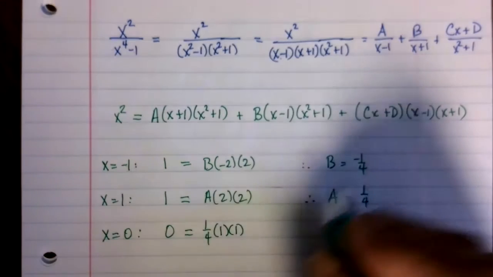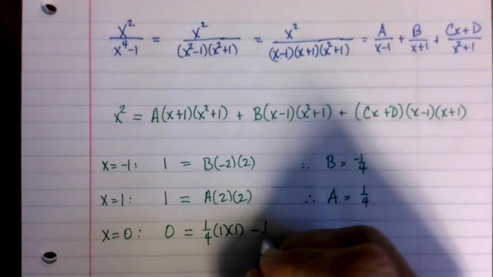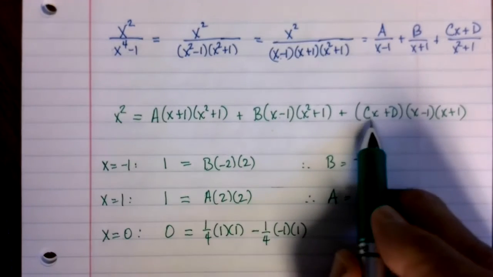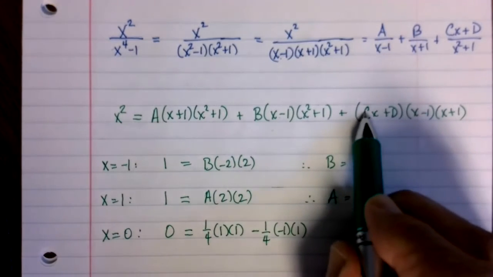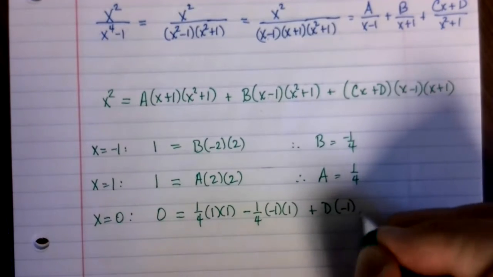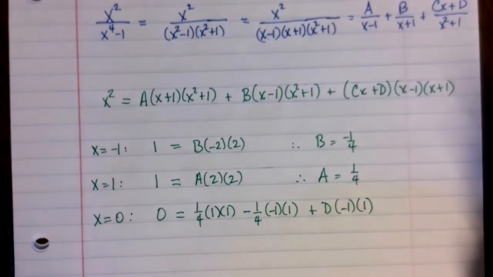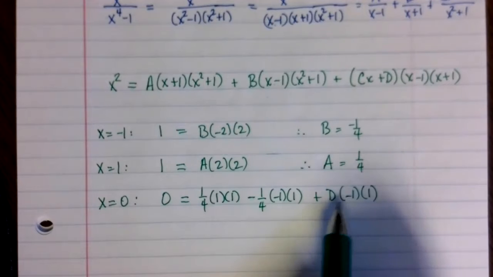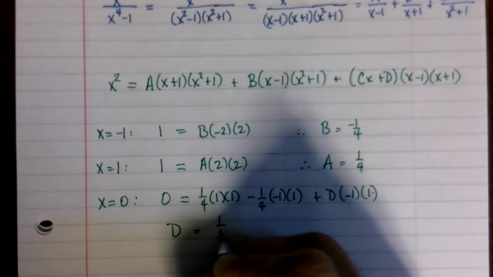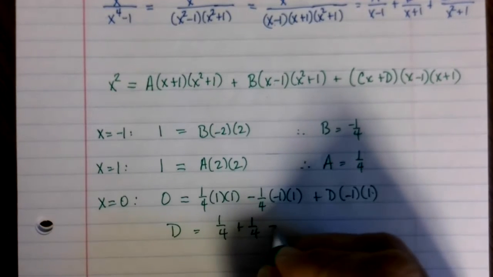Then if I plug in 0, I have plus -1/4 times -1 times 1. If I plug 0 in here, that goes away, and I end up with D times -1 times 1. And so I can bring this D over to the other side, and so D will be equal to 1/4 plus 1/4, which makes 1/2.